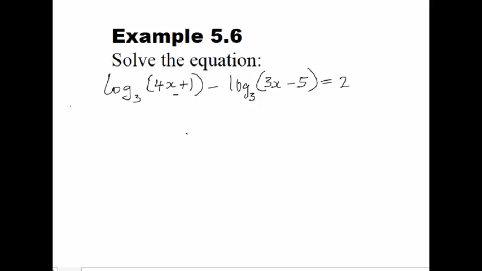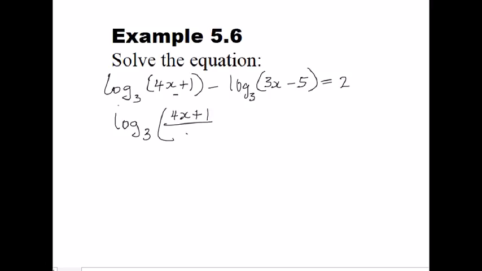To start, we can have log base 3 of (4x plus 1) all over log 3.